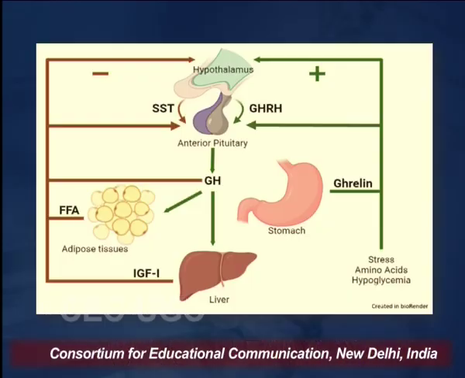As you can see in this flow chart, I have just tried to show you what gives a positive regulation and what gives a negative regulation. I have talked about three hormones here.